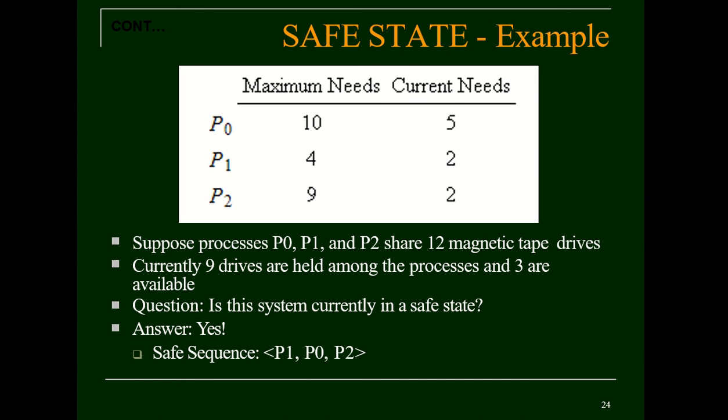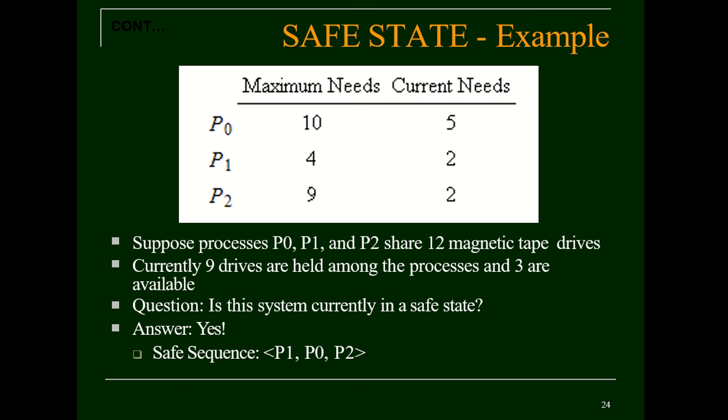This is an example of a safe state. We have maximum needs and current needs. There are three processes P0, P1 and P2, and the maximum needs and the current needs of these processes are given. Suppose the processes P0, P1 and P2 share 12 magnetic tape drives.